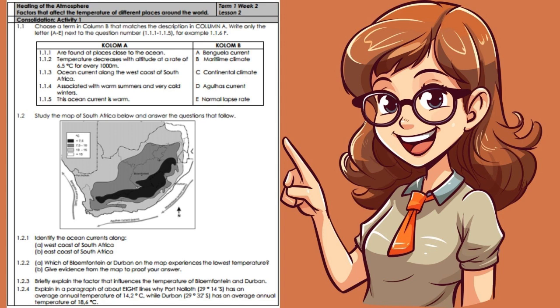B. Give evidence from the map to prove your answer. 1.2.3 Briefly explain the factor that influences the temperature of Bloemfontein and Durban. 1.2.4 Explain in a paragraph of about 8 lines why Port Nolloth, 29 degrees 14 minutes south, has an average annual temperature of 14.2 degrees C, while Durban, 29 degrees 52 minutes south, has an average annual temperature of 18.6 degrees C.